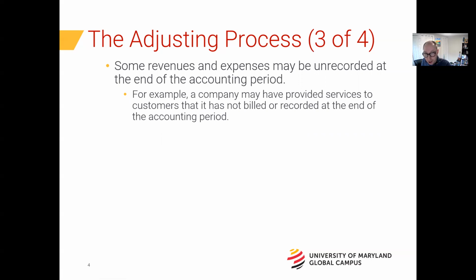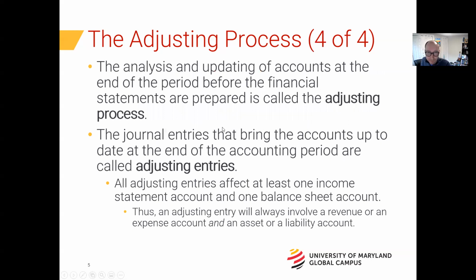And once it's consumed, then we record the transaction, the adjusting entry. And this is called the adjusting process. We make these adjusting entries at the end of each accounting period, and they will affect at least one income statement account and at least one balance sheet account. So I gave the example of unearned rent.